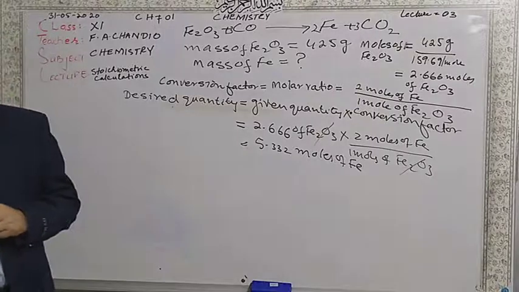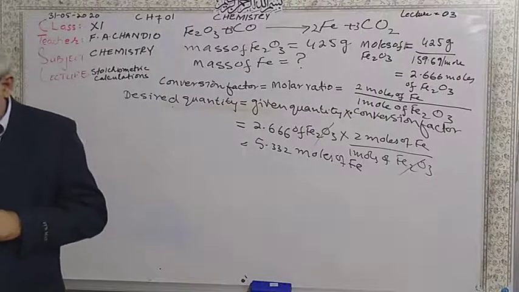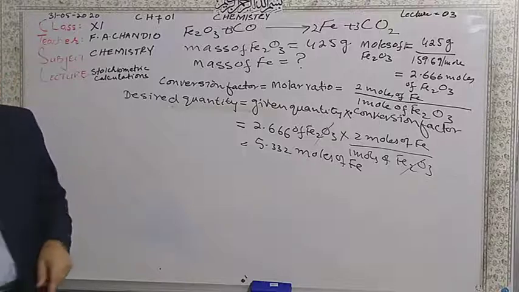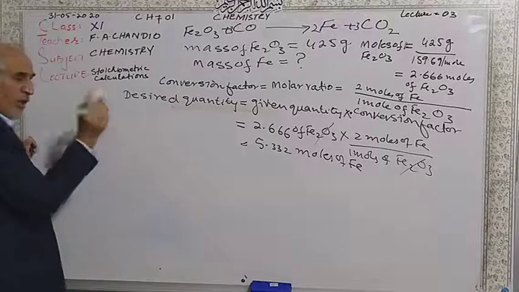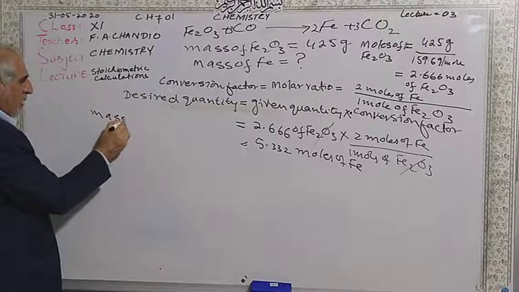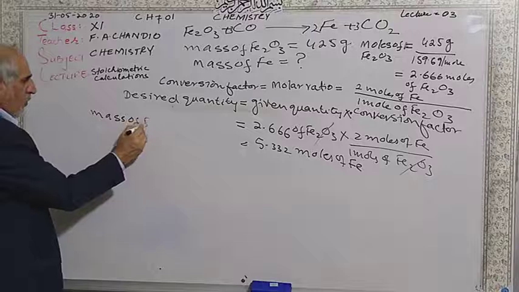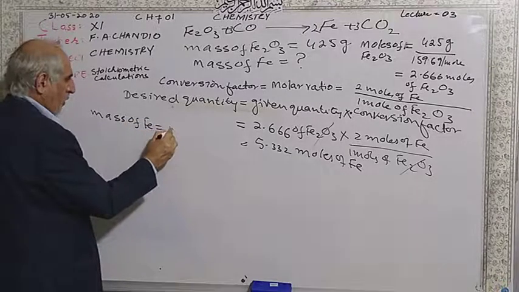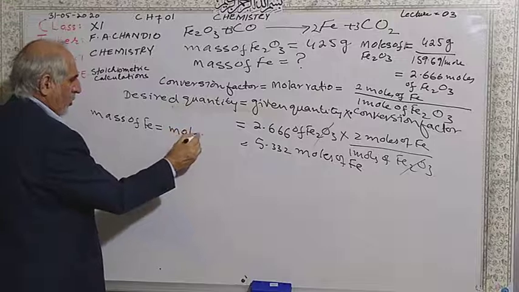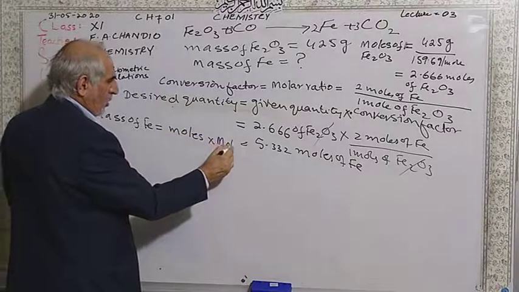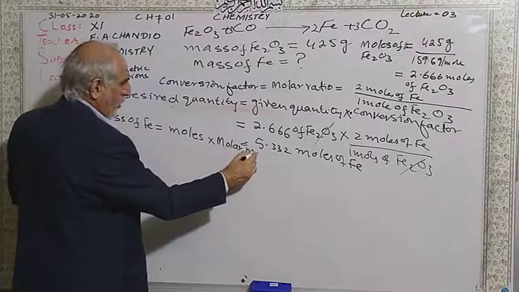So dear students, the answer is written in the lower classes. Mass of iron is equal to number of moles multiplied by molar mass.